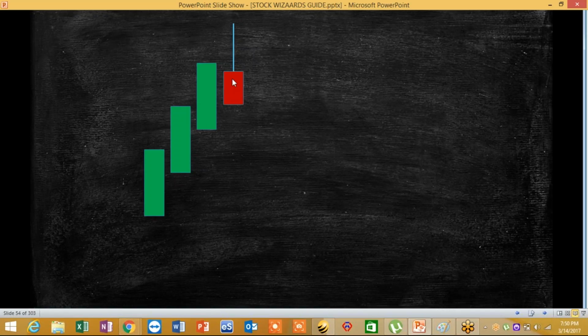Here what happened is it opened here, it went up high till here, it was rejected and it came down below the open and it closed here. So it is again a sign that this could reverse from here.